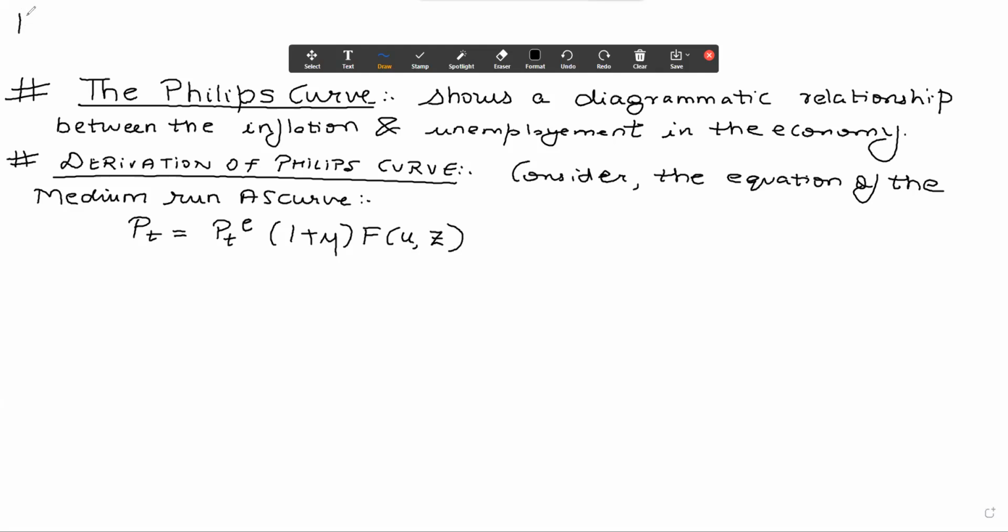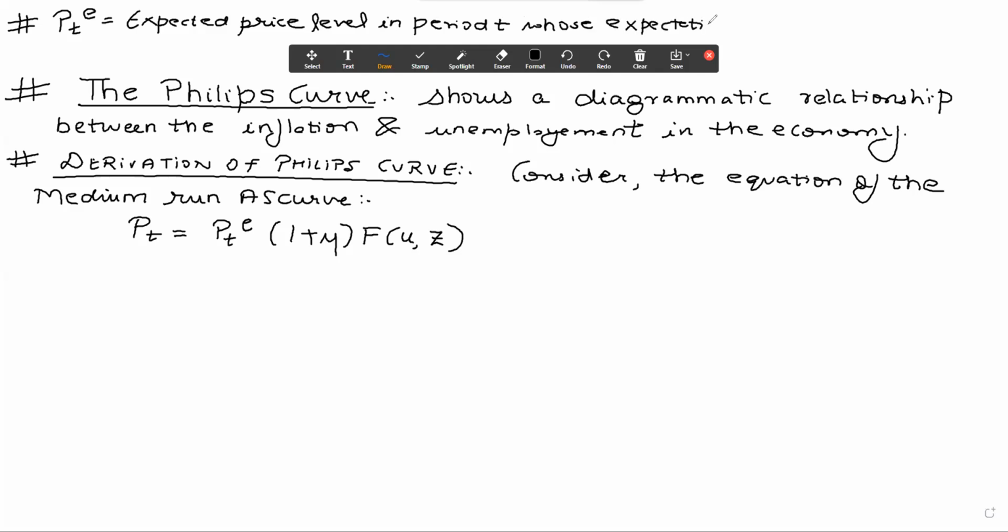So I can write it like this: P_t^e is the expected price level in period t whose expectation is formed in period t minus 1. Okay, so this is our equation of the medium run AS curve.